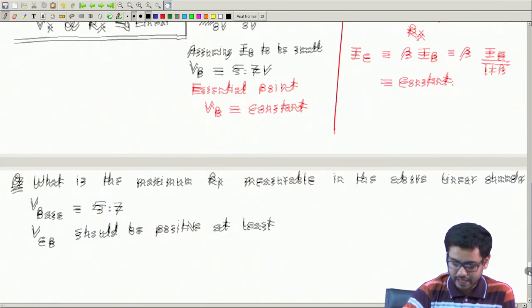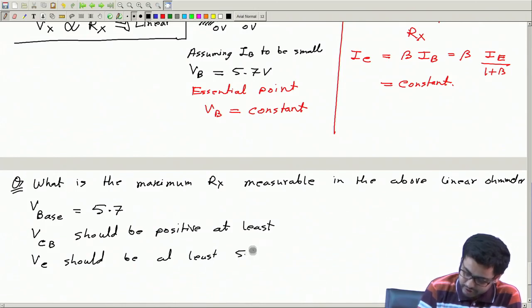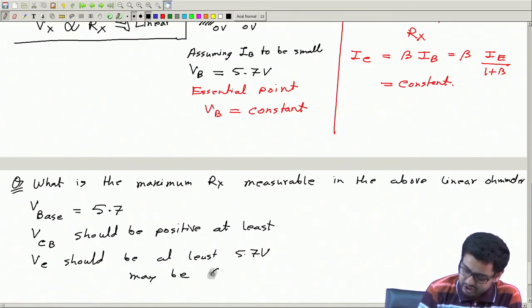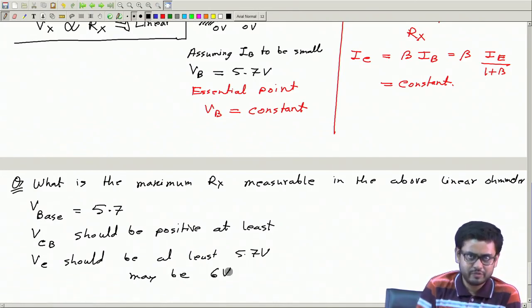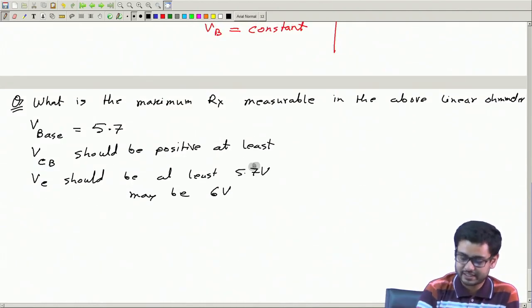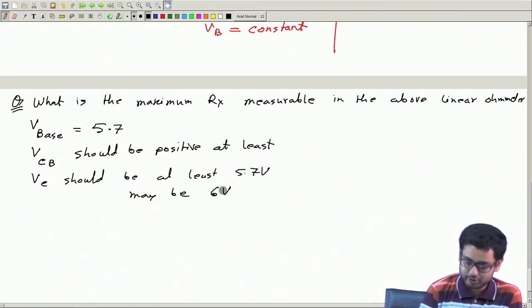So that means VC should be at least 5.7 volt. Maybe, because I do not have the transistor characteristic, 6 volt is practical, because I am doing an approximate estimation, not a precise calculation.